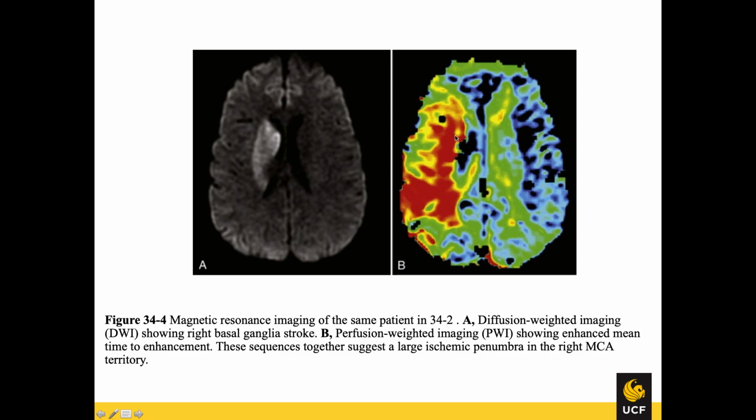You can see that occurring here in the red. And when you take these things together, you get a suggestion of a large ischemic penumbra in the right MCA.